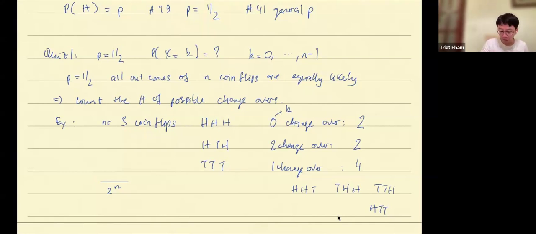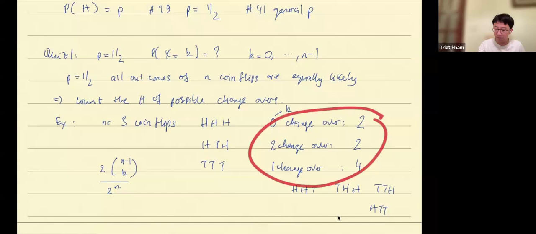Well, the answer is going to be n minus 1 choose k times 2. Why is that so? First of all, let's see if this formula works for this example.